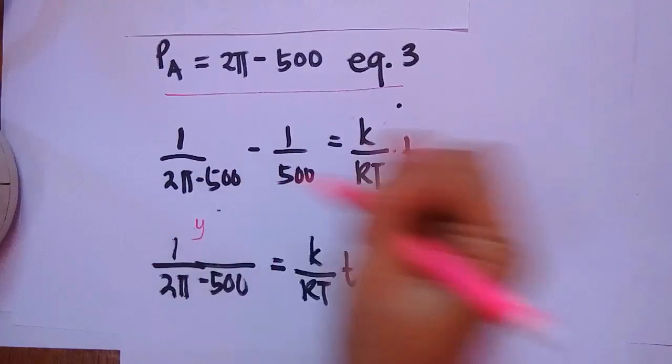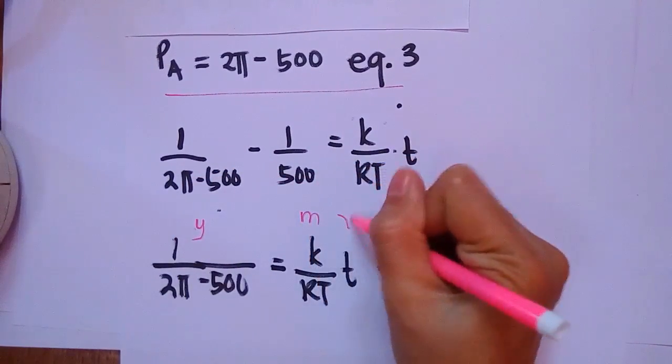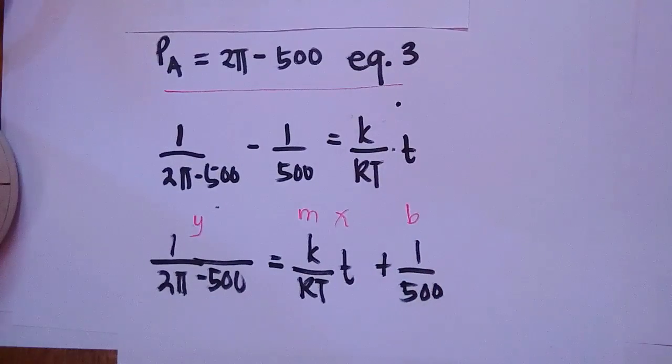Now this is our y, our m, our x, and our y-intercept. So we just have to evaluate 1 over 2 pi minus 500 for the values of our y, then we can graph time versus this.